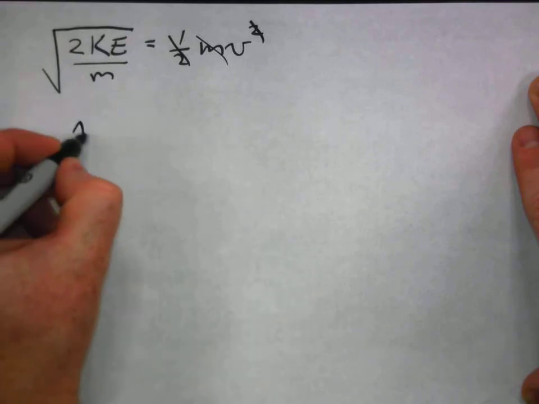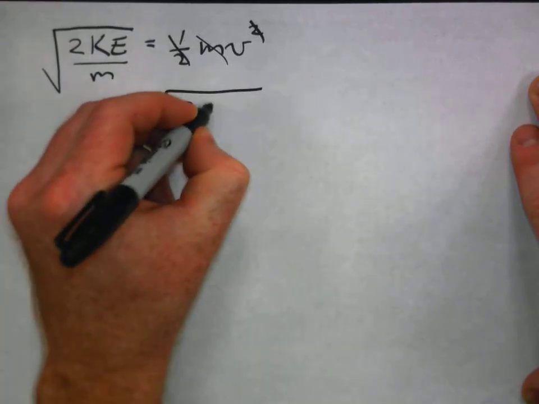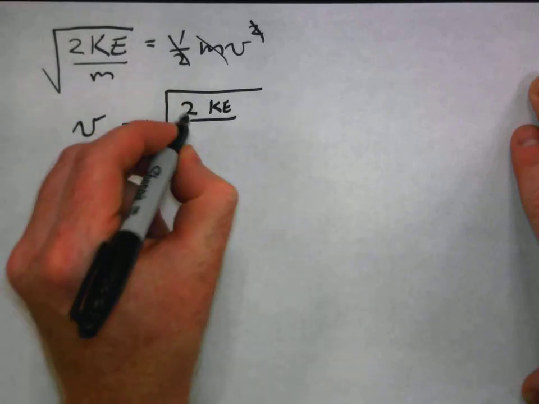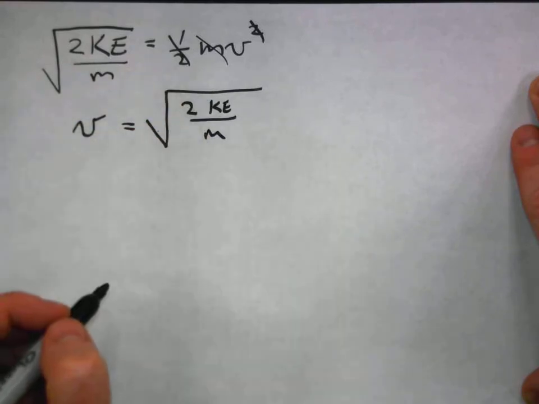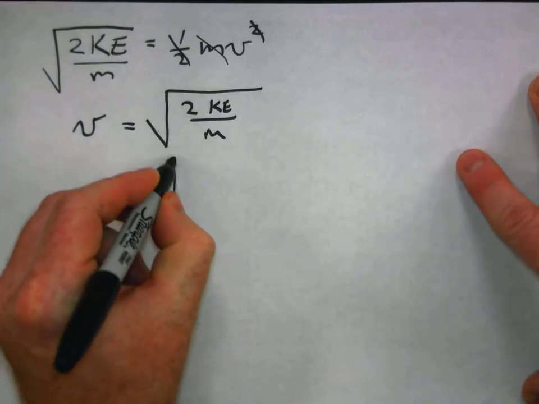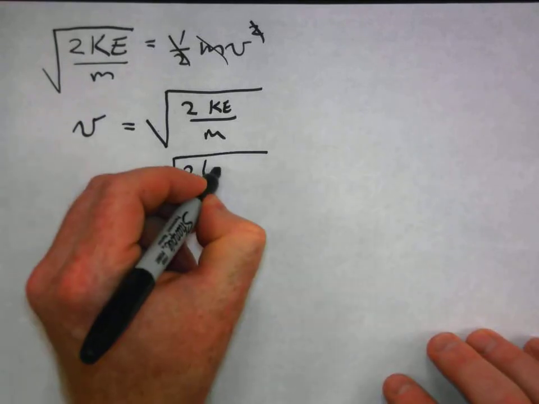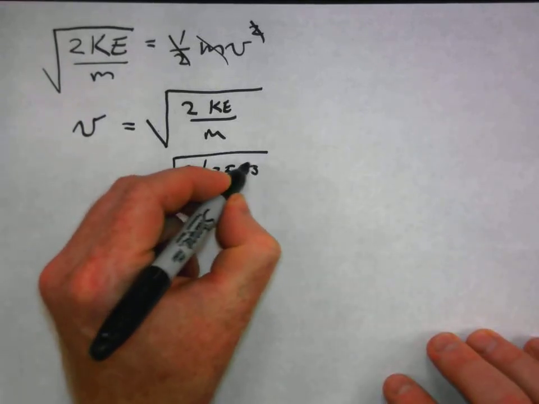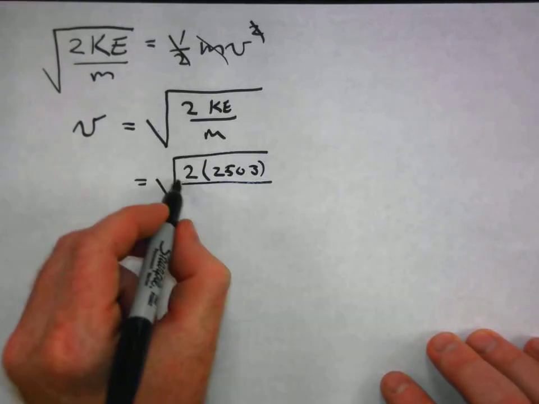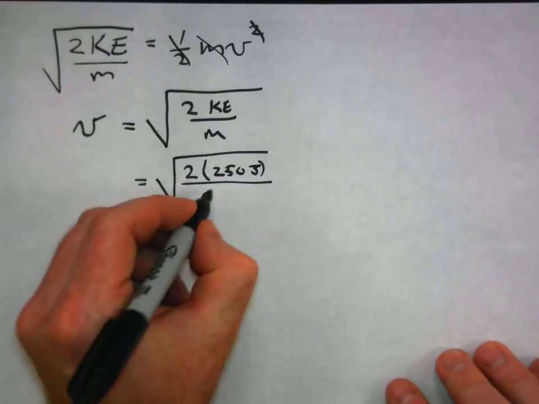Let me rewrite this for you. Velocity is equal to the square root of 2 times the kinetic energy divided by the mass. And that's the equation I can use. So 2 times my kinetic energy was 250 joules, and the mass of the shopping cart was 50 kilograms.